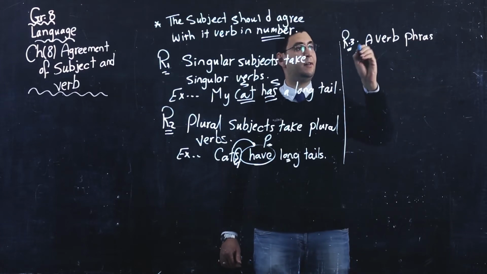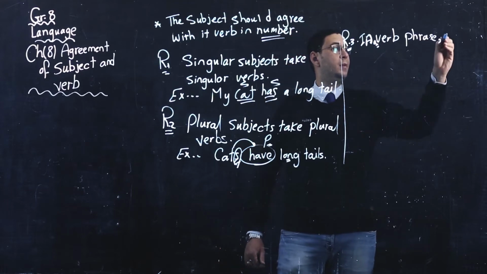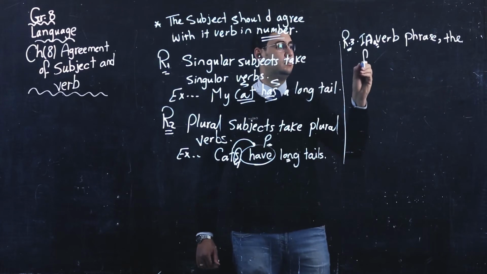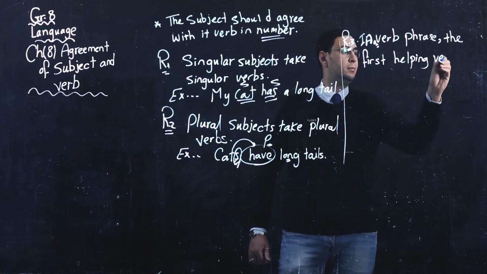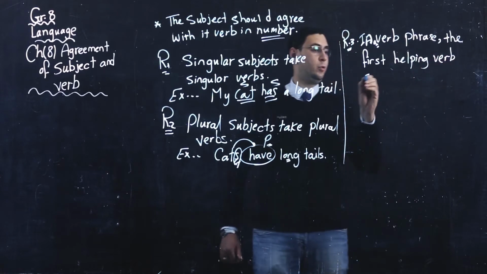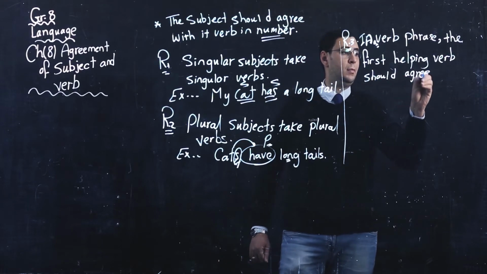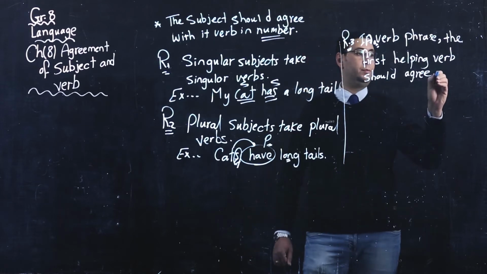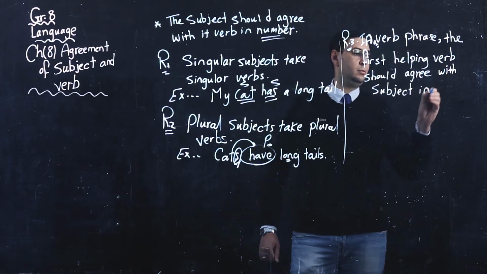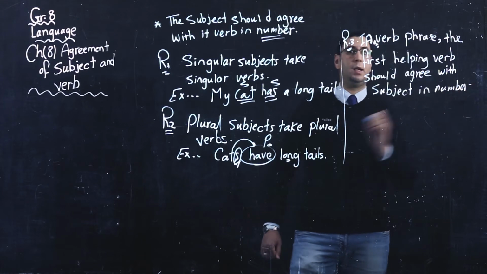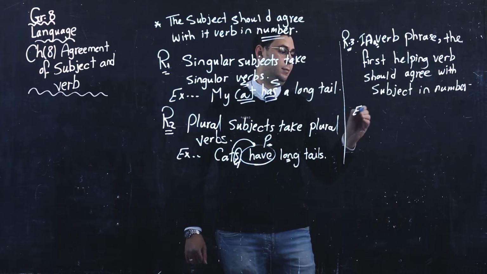In a verb phrase, the first helping verb should agree, or agrees with, the subject in number. And number 4, this is a special rule, or we can give an example.